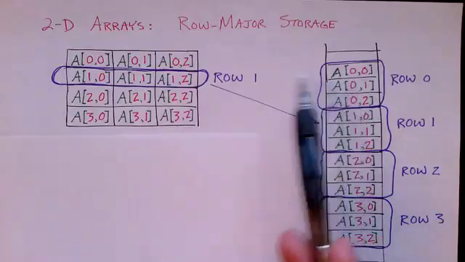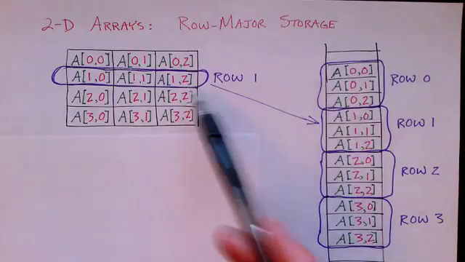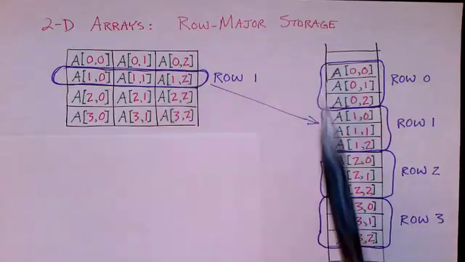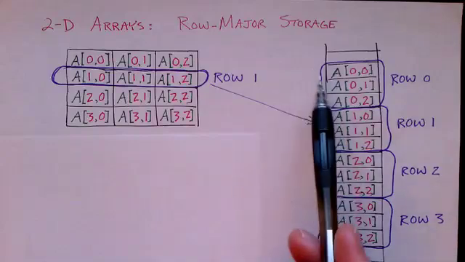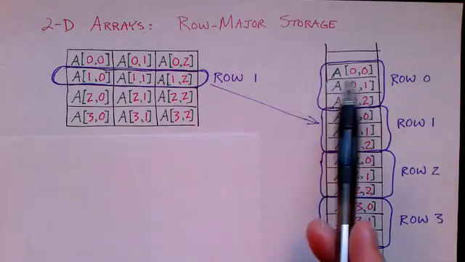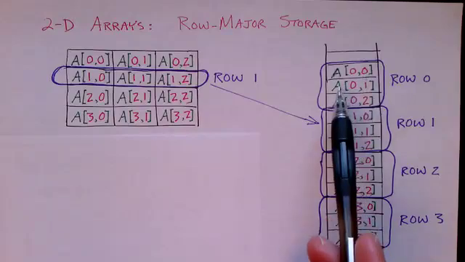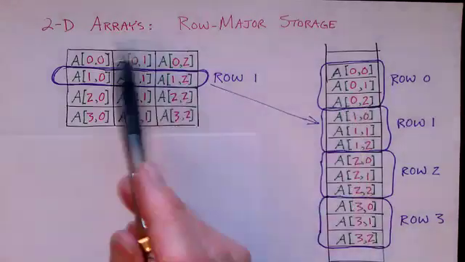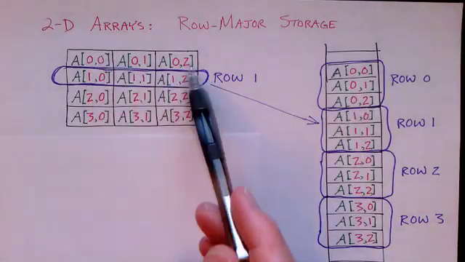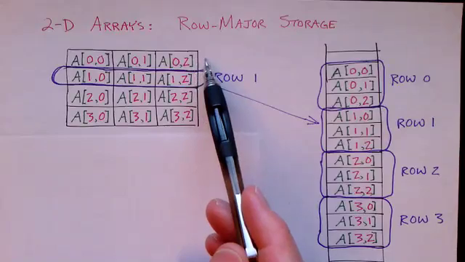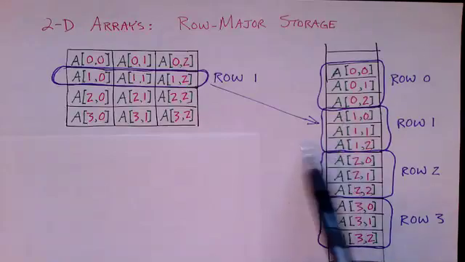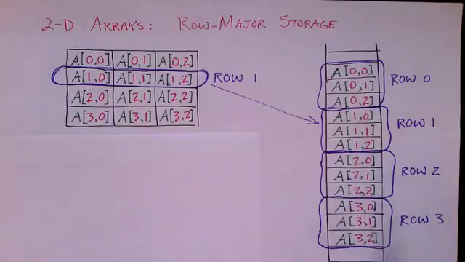So here I've put this array in memory. In other words, I've taken this two-dimensional array and linearized it. And so we see that the first element A00 is stored, and after that comes element 01 and then 02. In other words, we store all of this row, which we can call row 0, and then we follow it by row 1 elements, so the 3 elements in row 1, and so on.